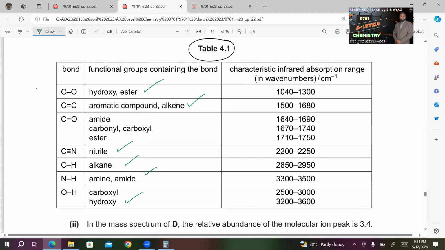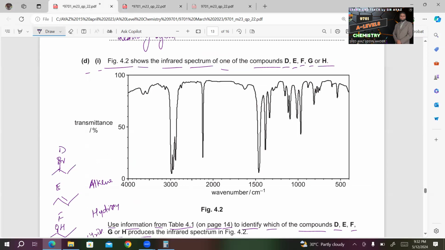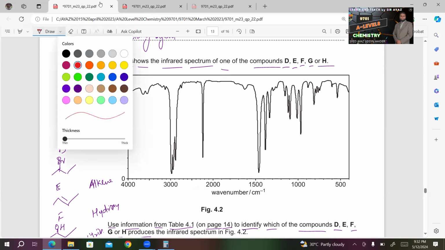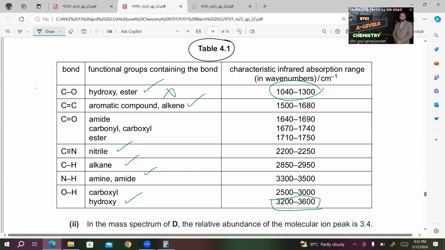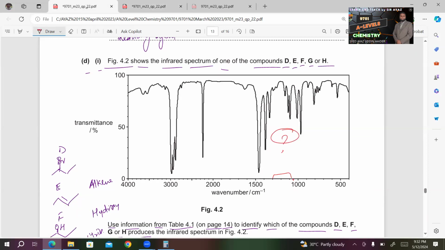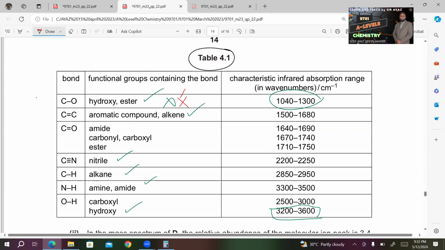That is either 1040 till 1300, and 3200 till 3600. For 1040 till 1300, there isn't any peak, so this is not there. Next, hydroxy, 3200 till 3600.